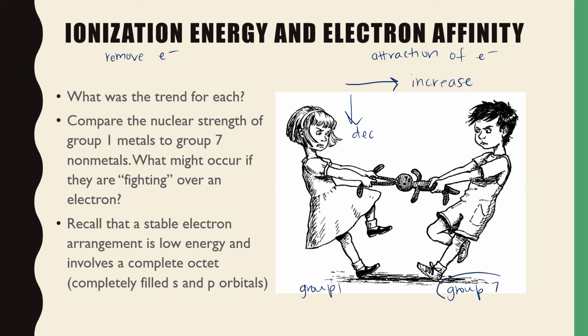Well, group 7s have a stronger pull on electrons, so they will completely remove the electron from a group 1 metal. Recall that a stable electron arrangement is low in energy and involves a complete octet. So that means an atom will have 8 valence electrons in their outermost energy level. And atoms can do that by gaining, losing, or sharing electrons.